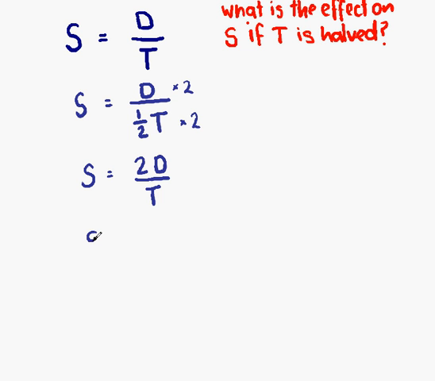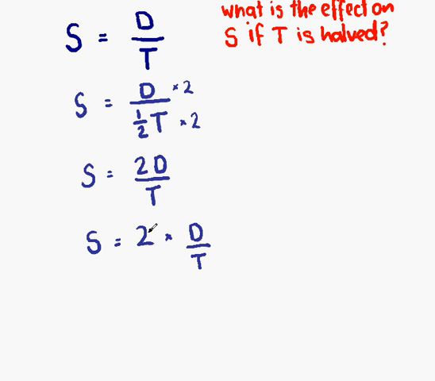That actually just means s equals 2 times d over t. Now if you're wondering, well, how does that work? Where does the 2 come from?